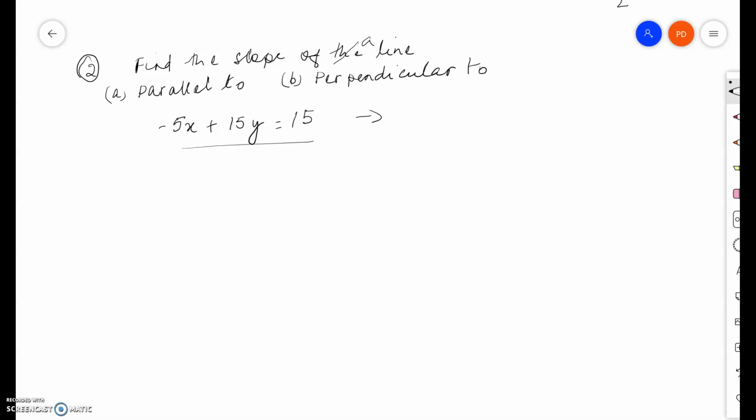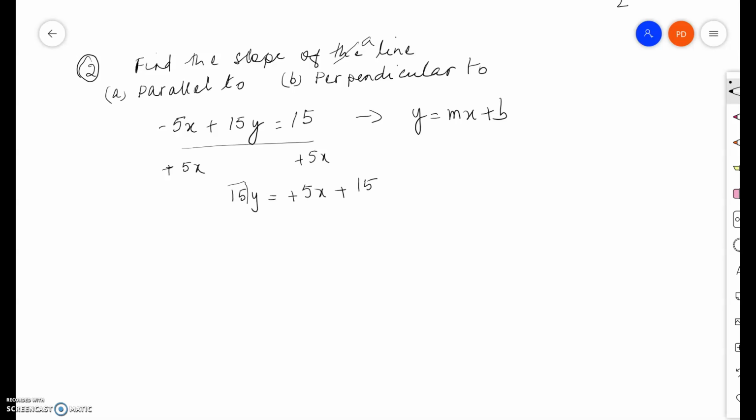And the way we find the slope is to put it in the form y equals mx plus b first, which means we solve for y. So we need to get rid of the -5x. So we add 5x on both sides to get 15y equals, and I'm going to write the x first, positive 5x plus 15.